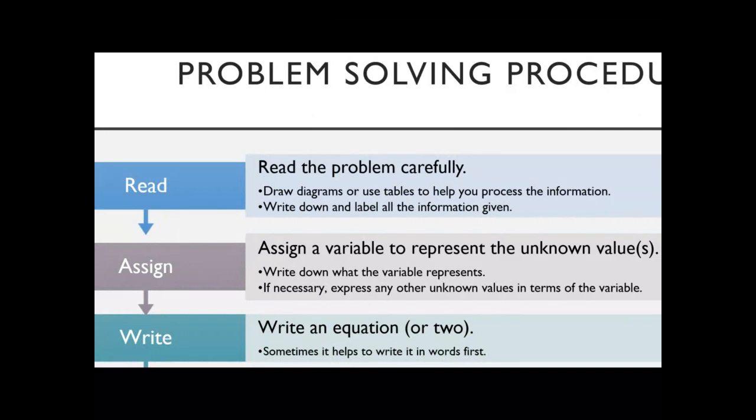So you'd want to say X is the distance between blank and blank. I try to do variables that make sense, like D for distance, T for time. I try to use variables where the letter matches what I'm looking for, because then it helps me remember what it means.